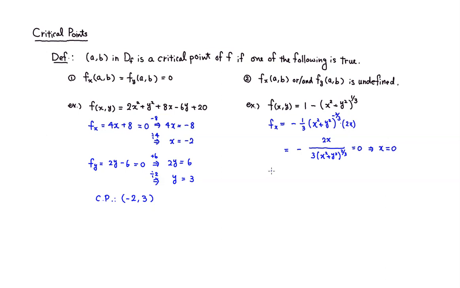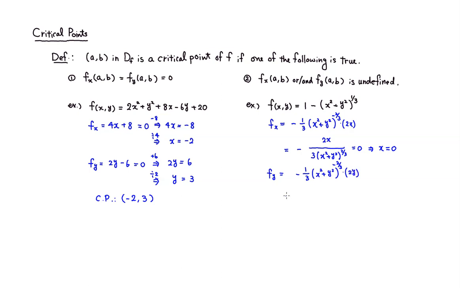And let's look at the partial with respect to y. It's going to be the same thing. Partial of 1 is 0, partial of that is negative 1/3. It's almost exactly the same, except that when you do the chain rule, since you're doing the partial with respect to y, it's going to be 0 and 2y.